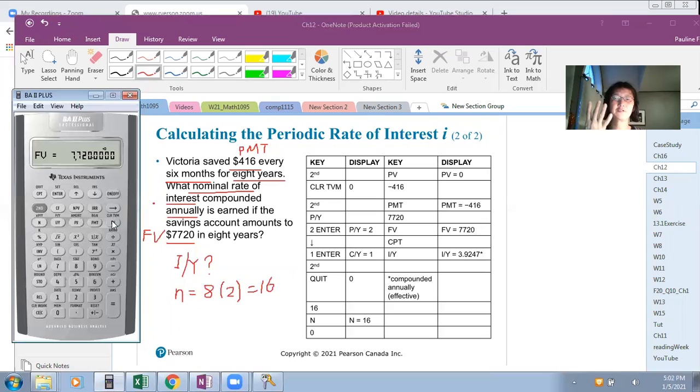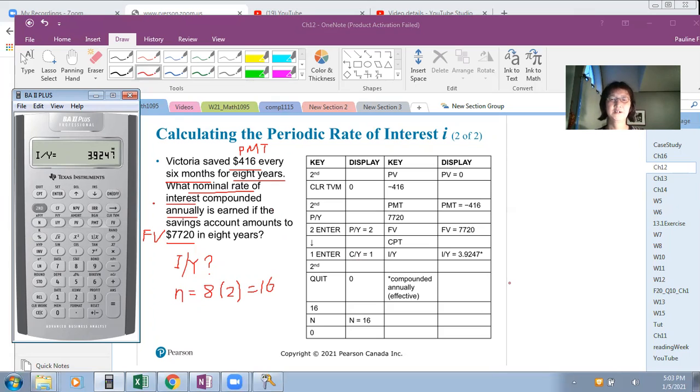Remember, you need to enter 4 numbers. So 0 is PV, as a precaution to clear any previous entries. Last step, compute ROI. Okay, so you get 6.9247%. That is the nominal rate of interest.